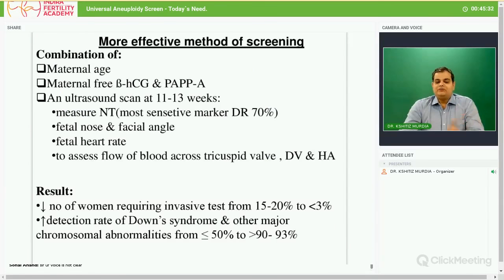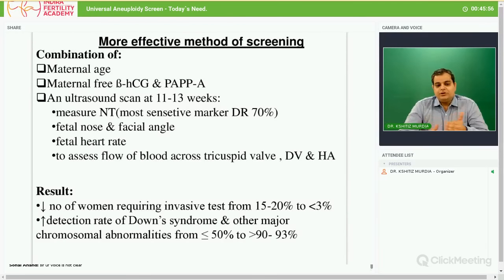So among all the available tests which we have, the most effective method of screening is the combined test, which is a combination of maternal age, some biochemical markers like beta-hCG, PAPP-A, and ultrasound scan at 11 to 13 weeks to get the NT. These three combined together can give you a sensitivity rate of around 87 to 90%.